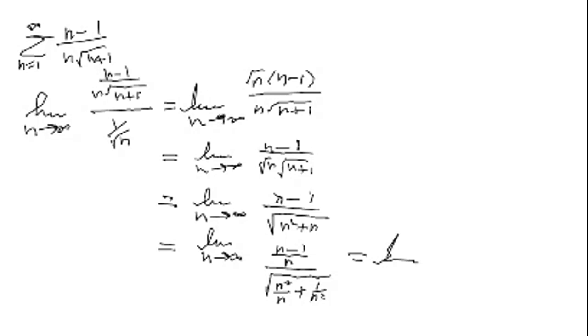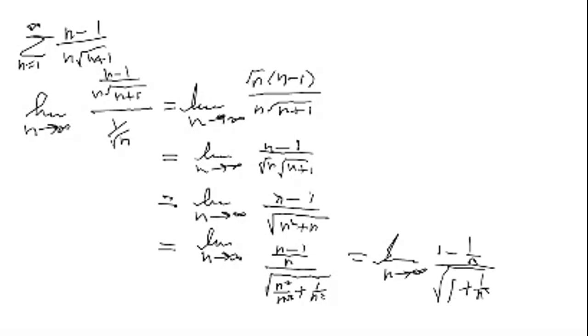That will reduce now to 1 minus 1 over n over, down here we'll have the square root of, and by the way, that was an n squared when it came in there. So we have a 1 plus 1 over n squared.